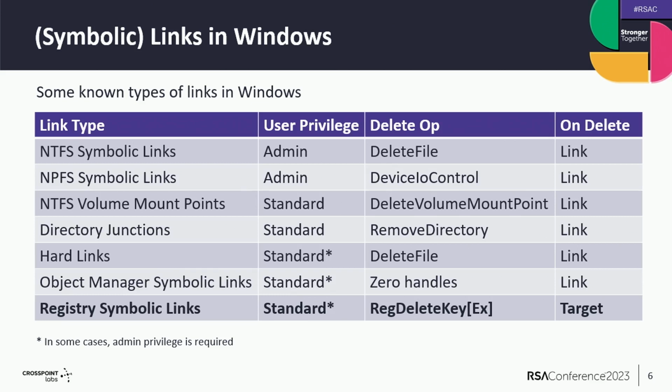And I should mention that it's not only that API that will result in deleting the target, but there is no documented Win32 API that actually lets you delete a registry symbolic link. As you can imagine, that has some security ramifications that we will explore later in this presentation.